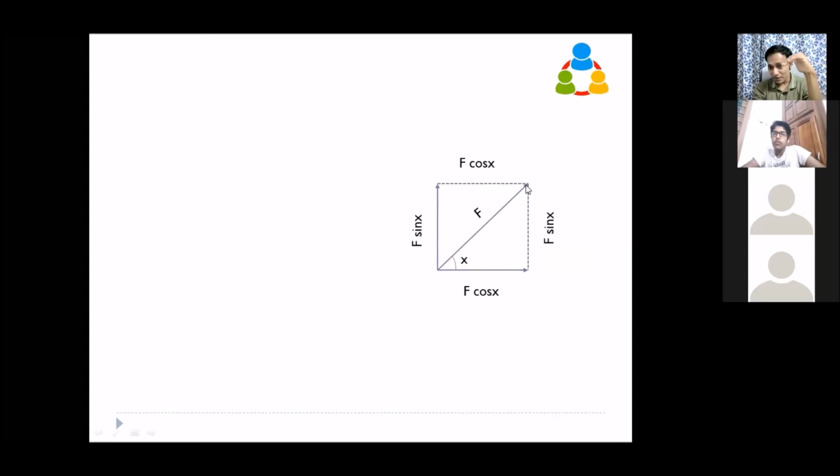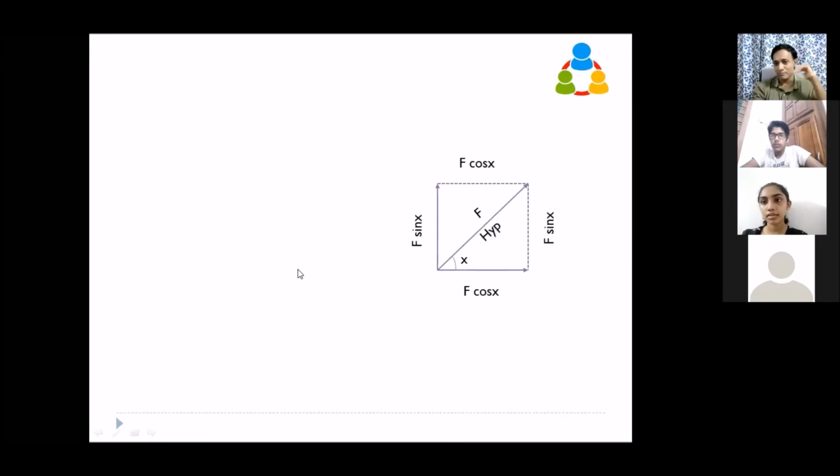So you are dropping a perpendicular at 90 degrees so that you get the value of this. So this will give you a feeling of a triangle. This is not an actual triangle, but this gives the direction or the shape of a triangle.